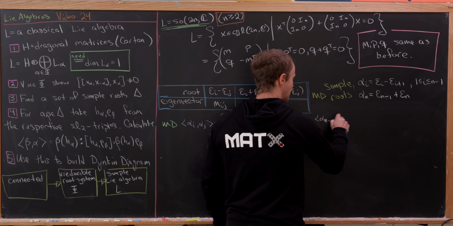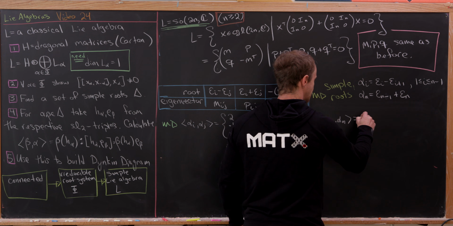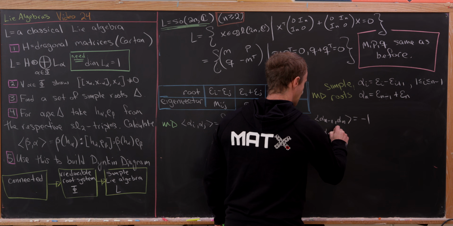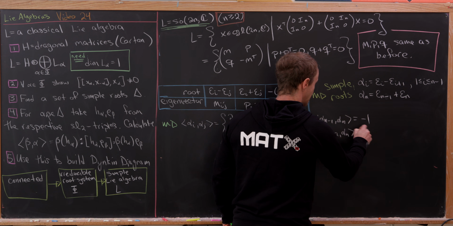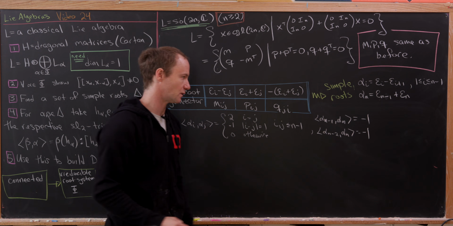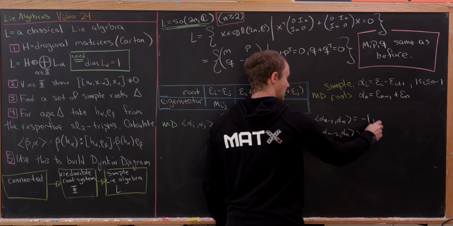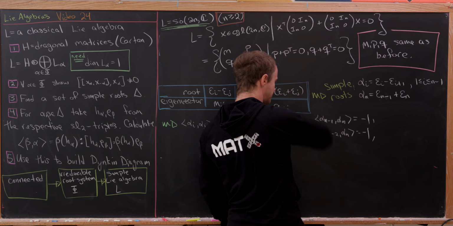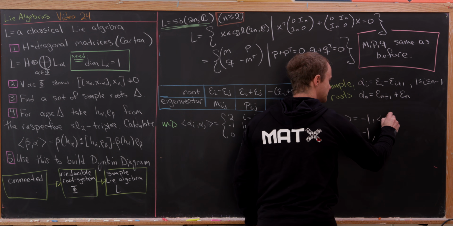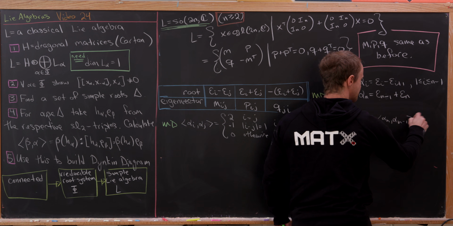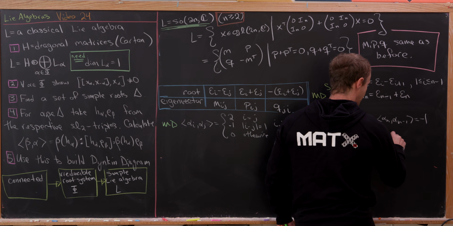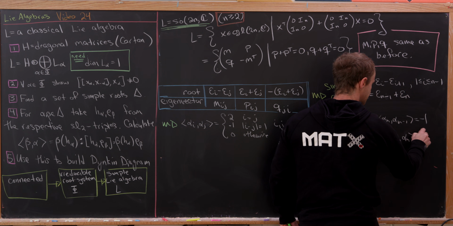And now the remaining case can be summed up as follows. We have alpha n minus 1 with alpha n equal to minus 1. Alpha n minus 2 with alpha n is also equal to minus 1. And in this case, it kind of commutes. So alpha n with alpha n minus 1 is also minus 1, and alpha n minus 2 with alpha n is also minus 1.